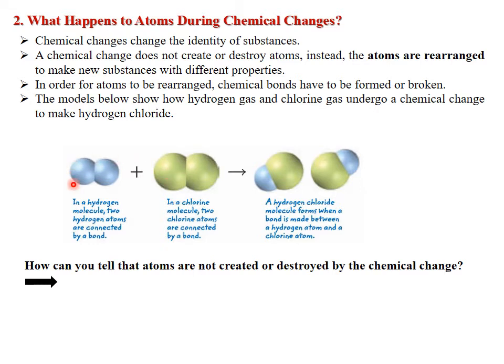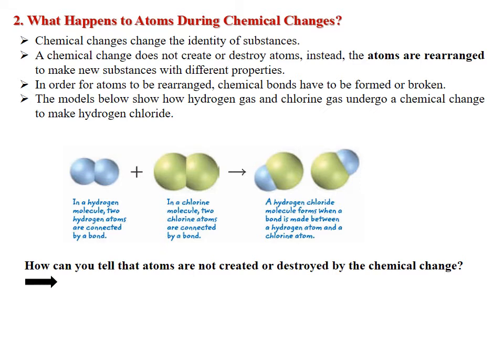In a hydrogen molecule, two hydrogen atoms are connected by a bond. In a chlorine molecule, two chlorine atoms are connected by a bond. A hydrogen chloride molecule forms when a bond is made between a hydrogen atom and a chlorine atom. This is how atoms are rearranged to make new substances with different properties.